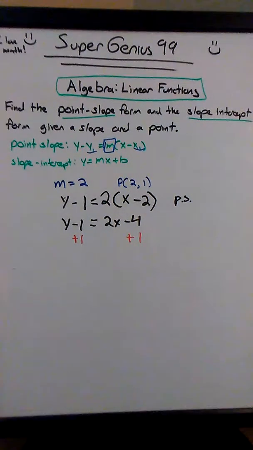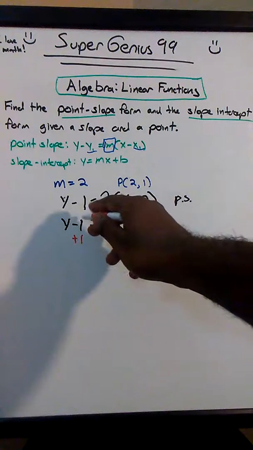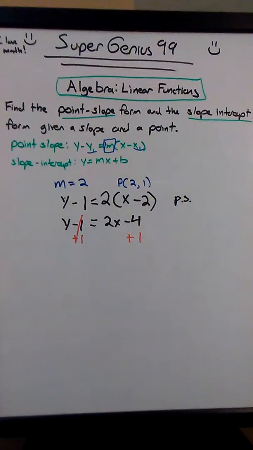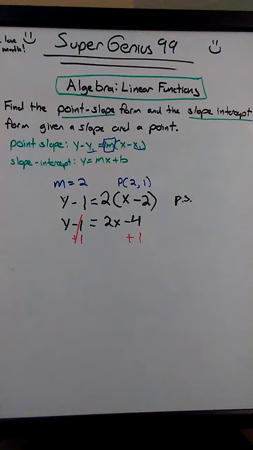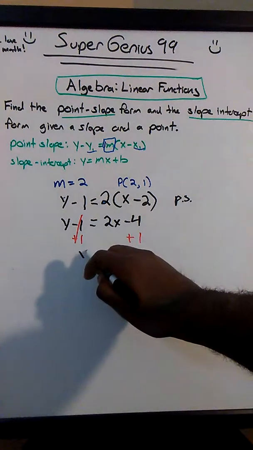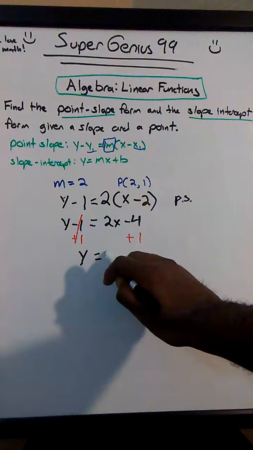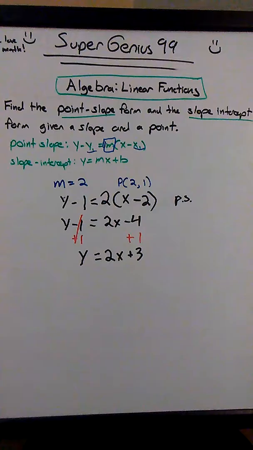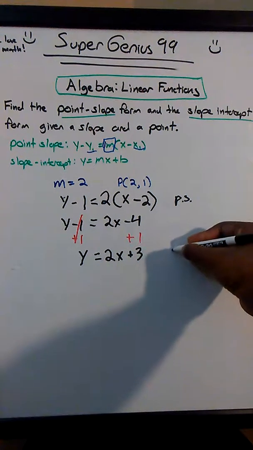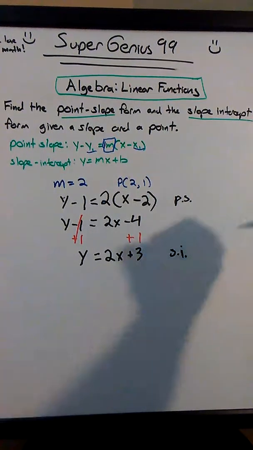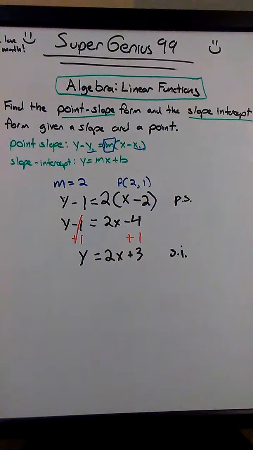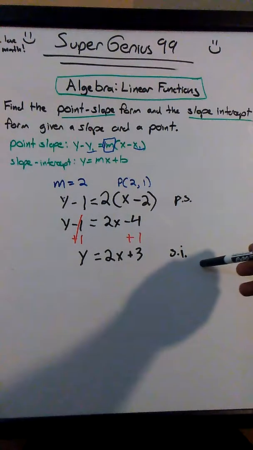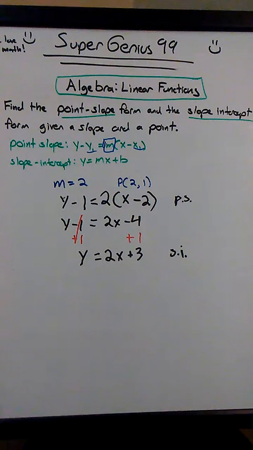Okay, so minus 1 plus 1 cancels. And then minus 4 plus 1 is plus 3. So we have y all by itself is equal to 2x plus 3. Okay, everybody see that? And then there's your slope intercept. So I'll just put an SI there for slope intercept. Okay, so there's your point slope. There's your slope intercept. Let's look at another one.